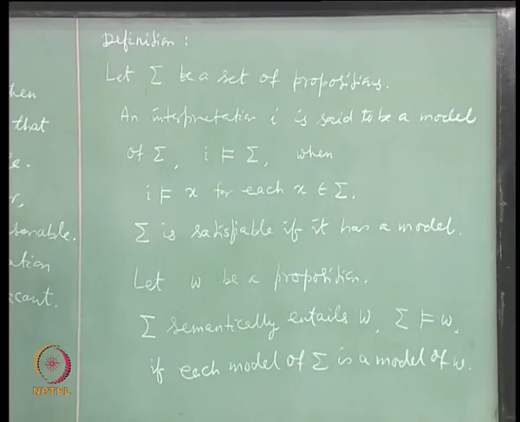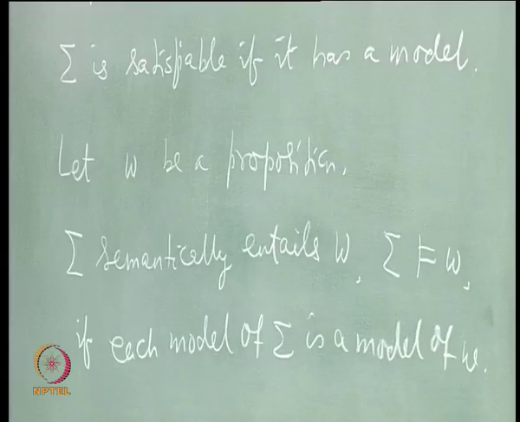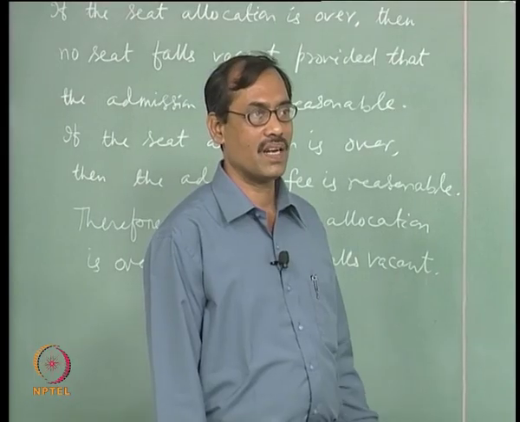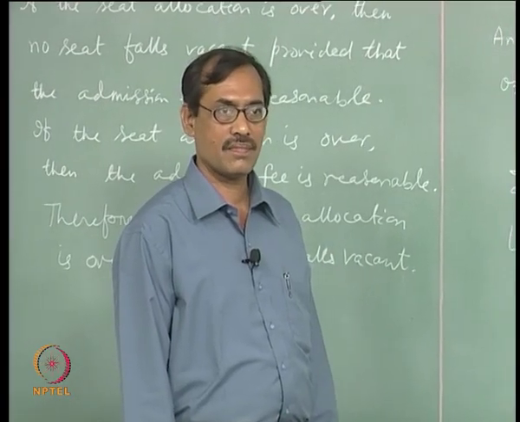Is it going along with our intuition that imagine a world where all these premises are true? In such a world, the conclusion must hold. Our worlds are now only interpretations, fine.